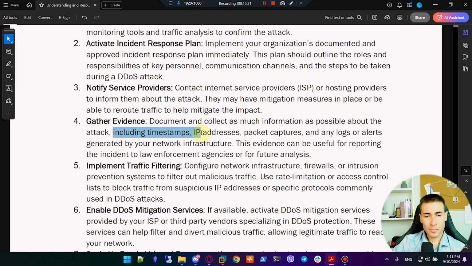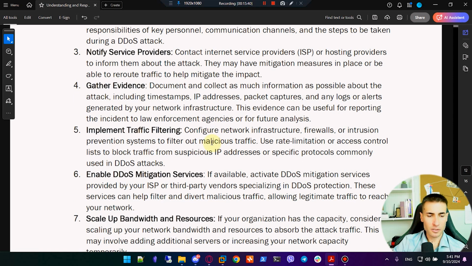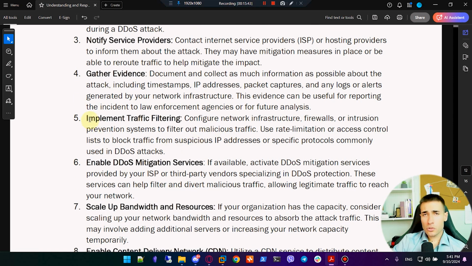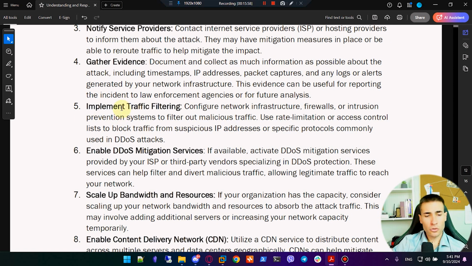This includes timestamps, IP addresses, packet captures, any logs, alerts, any information that is connected in one way or another to this incident. Also, this can help you to provide this information to the police or the FBI or whatever agency is working on the case so that they can investigate and come to a conclusion.